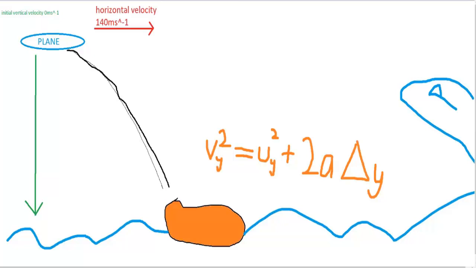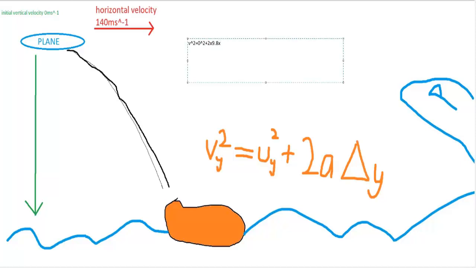Write this down, v squared. Just wait a second, I need to get a text box. v squared equals 0 squared plus 2 times 9.8, because it's falling with gravity, falling on Earth with gravity and not against it, which would be going up.